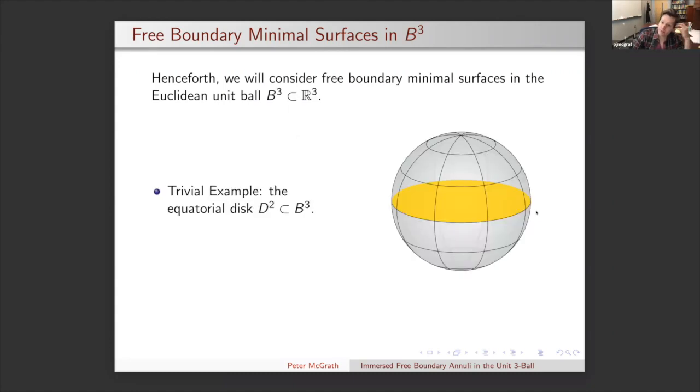Okay, so I'd like to go through the very, very simplest examples. The first trivial example is the equatorial disk, or any equatorial disk. This is a disk that passes through the origin, so it's totally geodesic, so it's clearly minimal, and then it's geometrically obvious that it meets the boundary orthogonally. You can certainly slide these disks up so they no longer pass through the origin, and they remain minimal, but then they don't meet the boundary orthogonally.